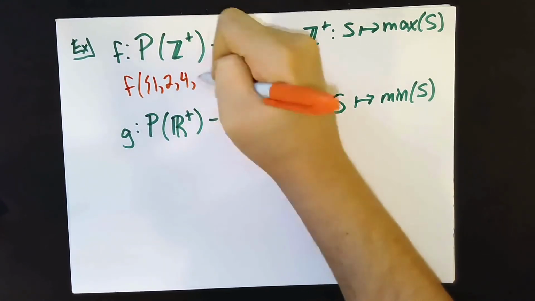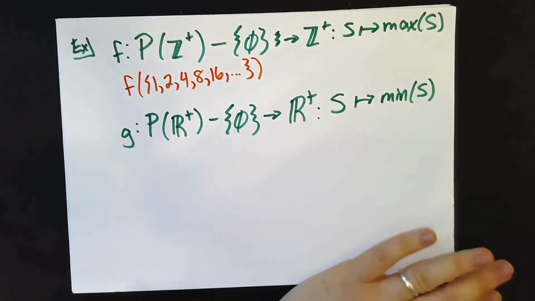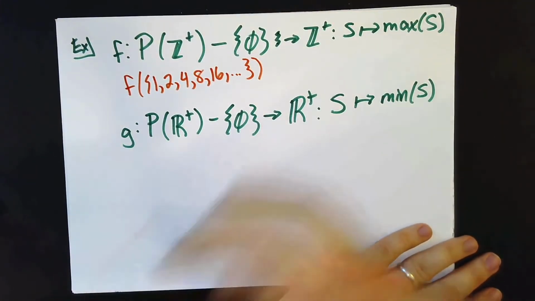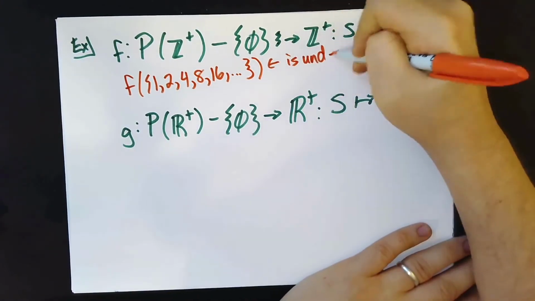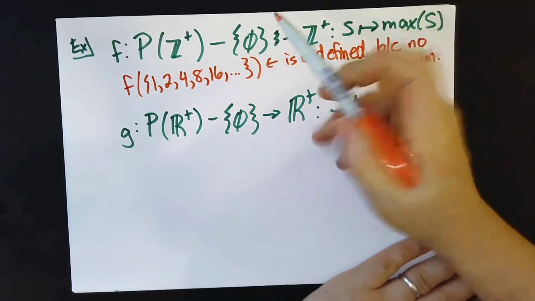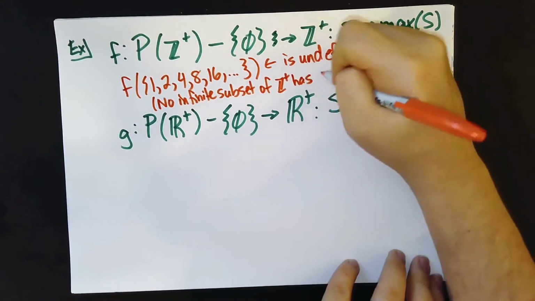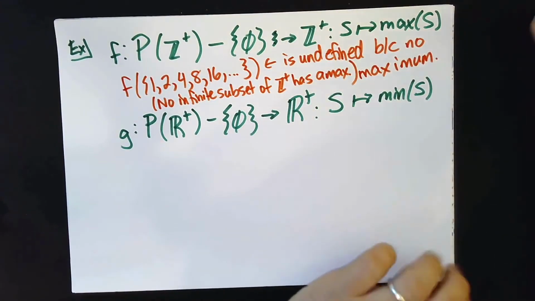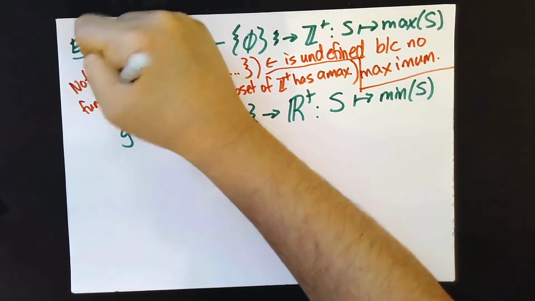That's a perfectly reasonable subset of the positive integers. But unfortunately, despite being a subset of the positive integers, this set does not have a maximum. Indeed, the problem here is that in general, no infinite subset of the positive integers is going to have a maximum. And, well, that's going to mean that this thing's not a function.